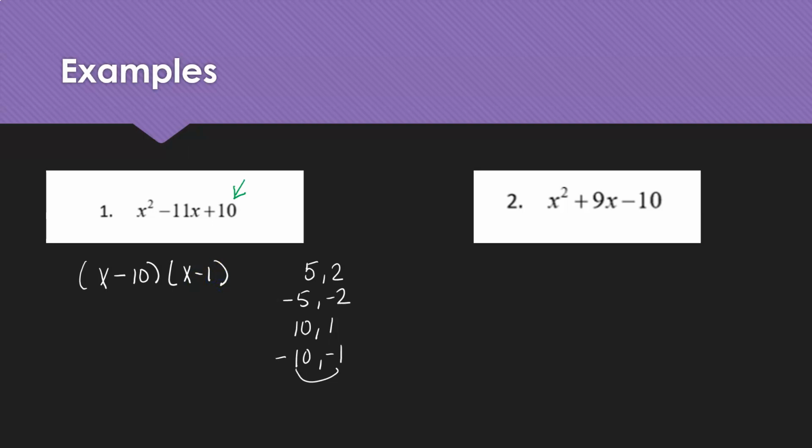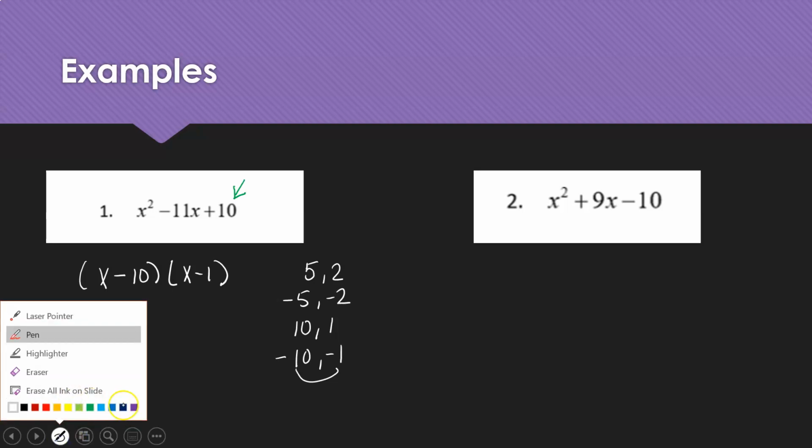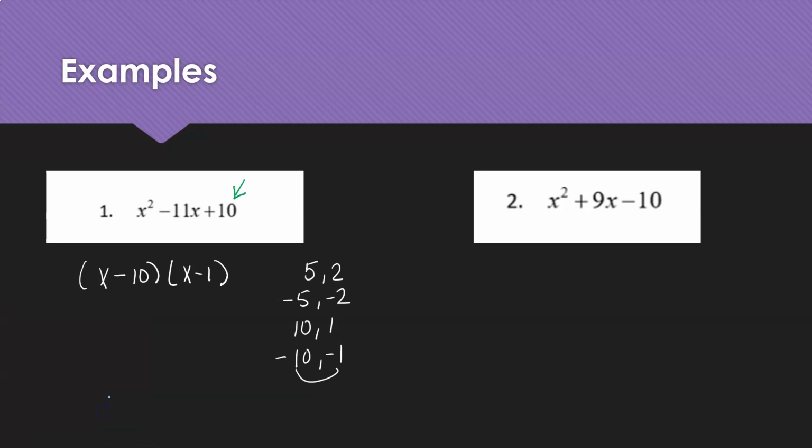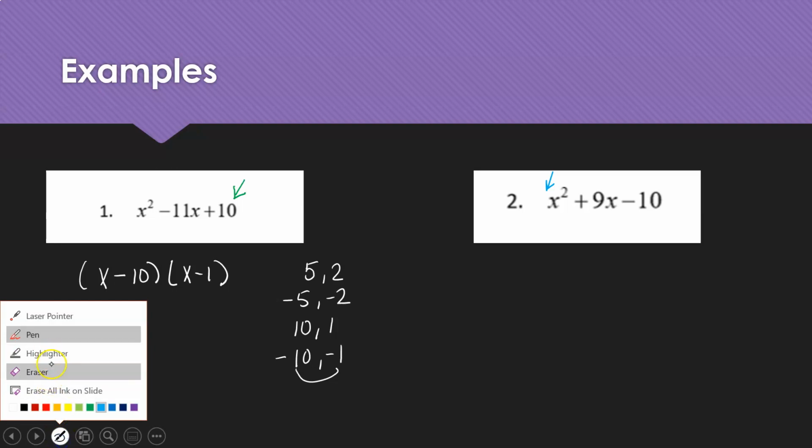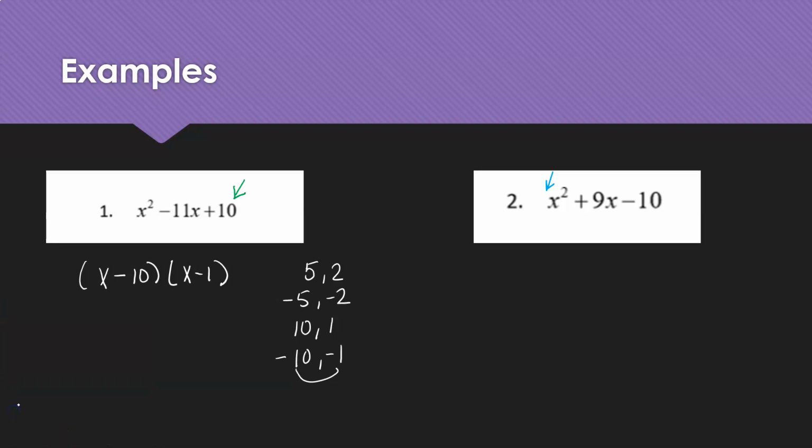So let's look at number 2. We're looking for factors of the last term. First of all, let's go down the list. You can't pull out the greatest common factor. We already have our leading coefficient, which is 1. So let's list the factors of negative 10. I have negative 5 and positive 2, that equals negative 3.